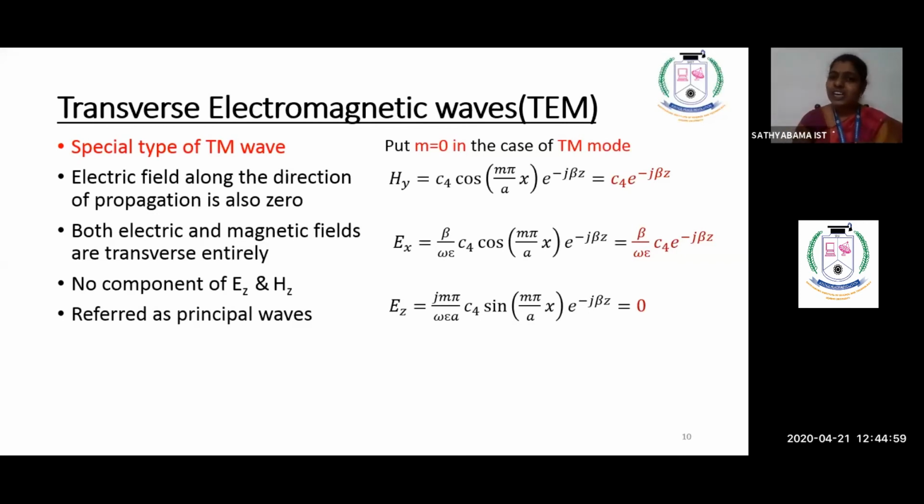So we can also say it is a special case of your transverse magnetic wave. If they ask for the derivation, you will derive the entire transverse magnetic wave. In the final part, the special condition is m equal to 0. When you substitute m equal to 0, Ez also becomes 0. That is what is called your transverse electromagnetic wave.